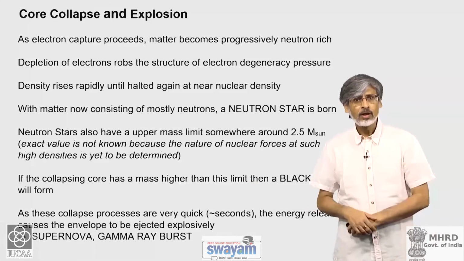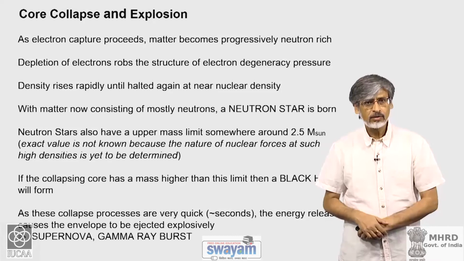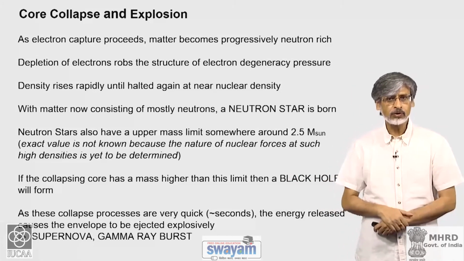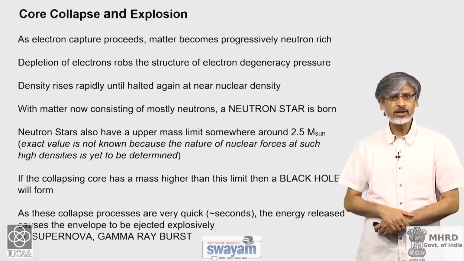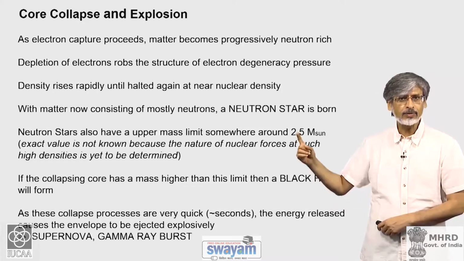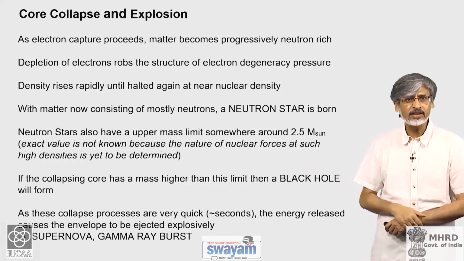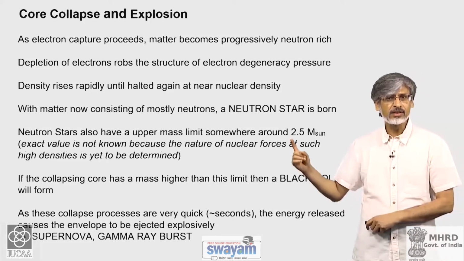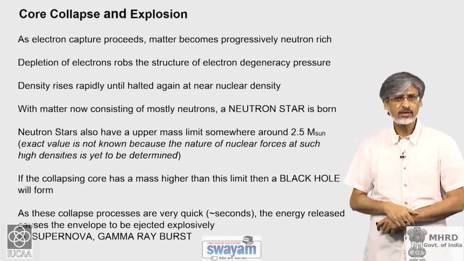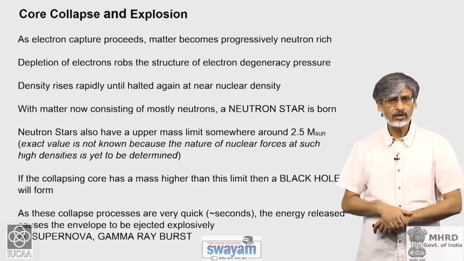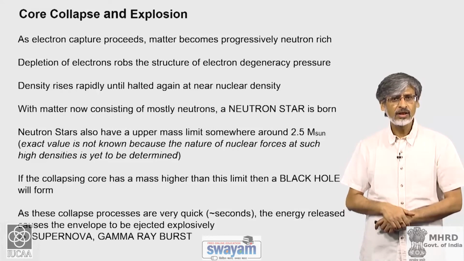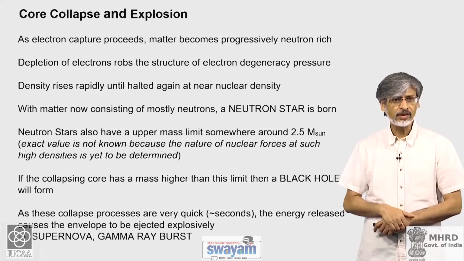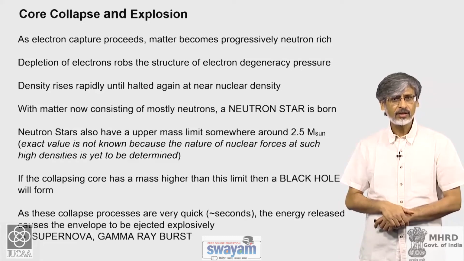The collapsing core has a certain mass. It is obviously more than 1.4 solar mass, but it could have a mass which is even higher than that. Now, if the collapsing core happens to have a mass larger than the neutron star's upper mass limit, then even these nuclear forces, the forces between neutrons, will not be sufficient to halt the collapse against gravity.